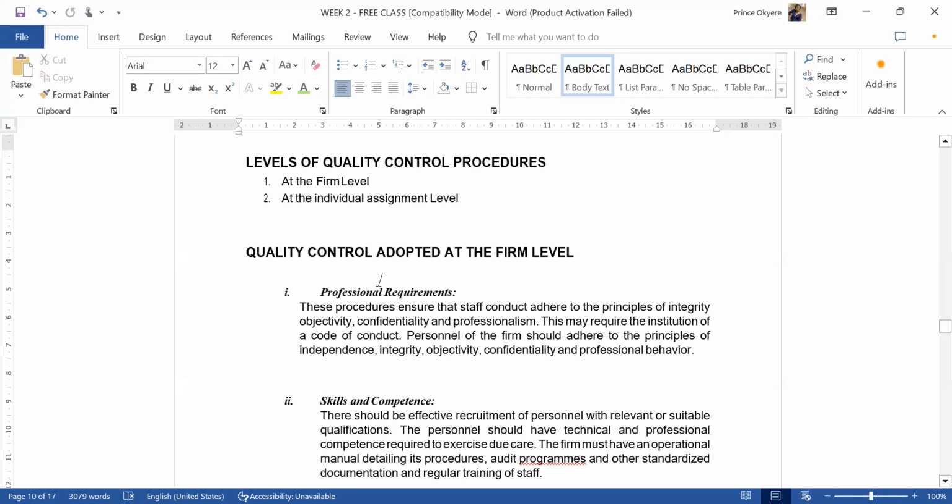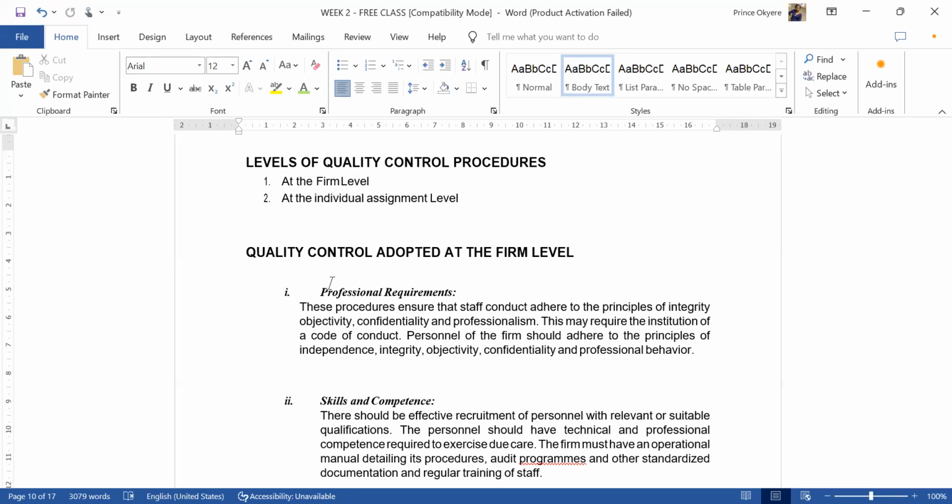So one, professional requirement. You should ensure that the company's staff carry out their work in a professional way, or the company carries out their mandate in a professional way. Normally you have a proper code of conduct that should tell you how professionals are supposed to behave.